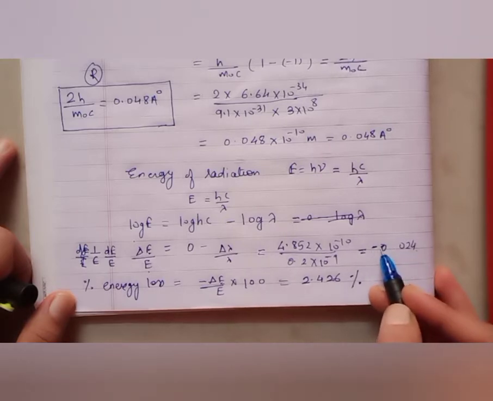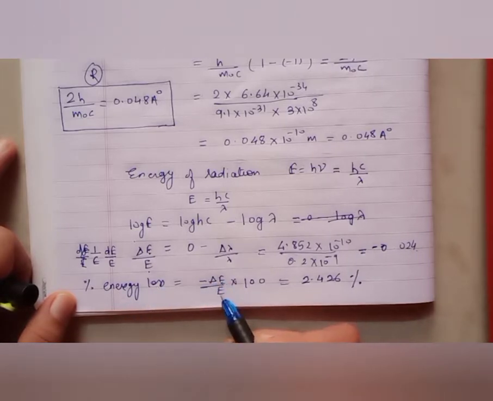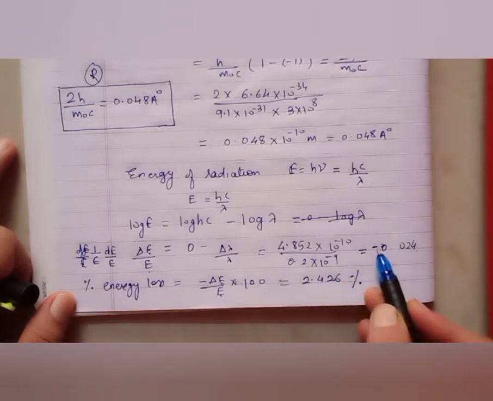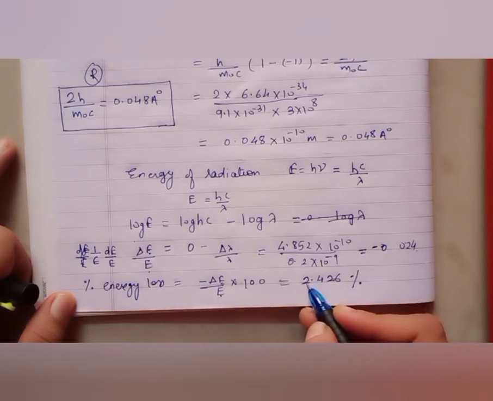Now this minus sign represents the loss. So percentage energy loss is minus delta E upon E into 100. So it is minus 0.024 into 100. The minus sign just represents energy loss. So it will become 2.426 percent.